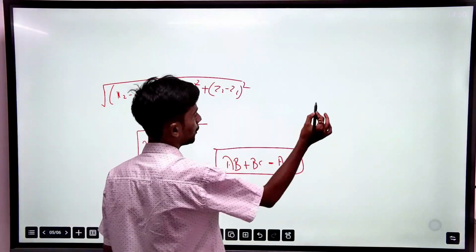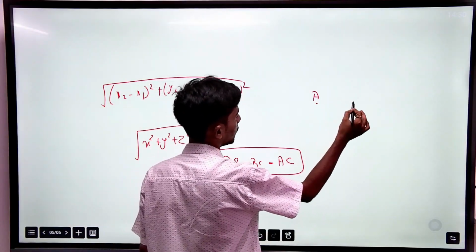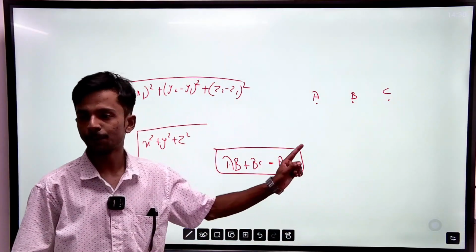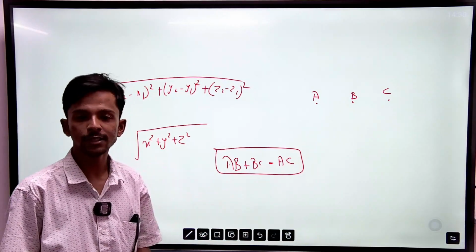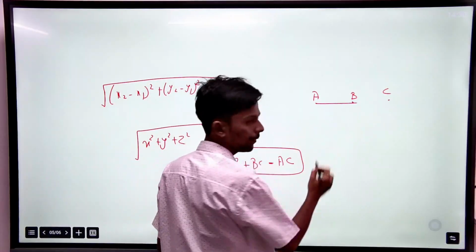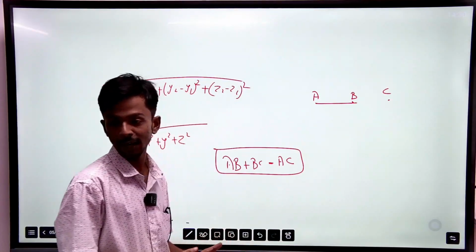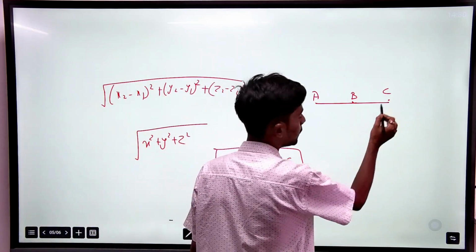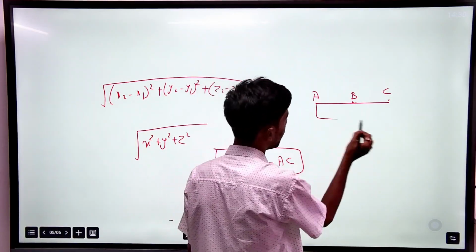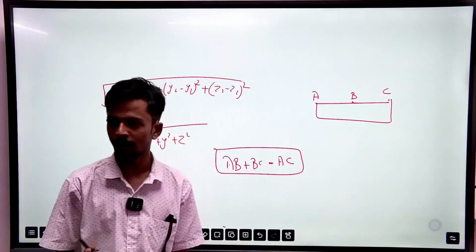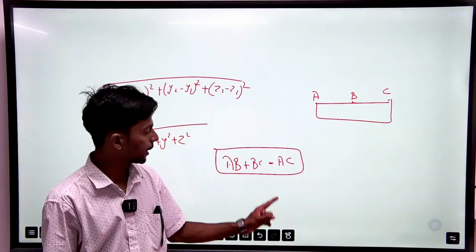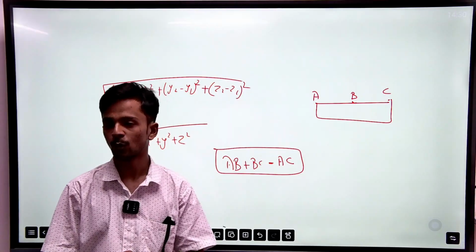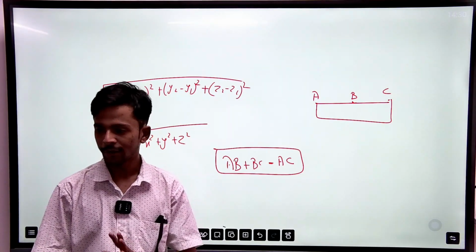Suppose this is my A, this is my B, this is my C. If these 3 points are collinear, how can we say? First of all, you have to find your AB by the distance formula. Then you have to find your BC, and lastly your AC, using the distance formula only. Now in the result, suppose you are getting AB plus BC equal to AC, then you simply say that the points are collinear. Okay, are you getting my point?